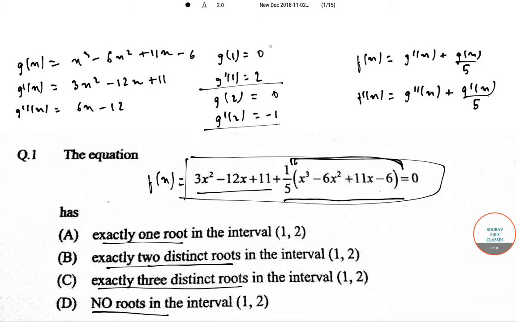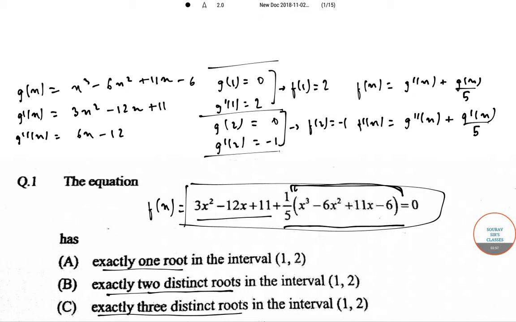So using these we get f(1) = 2, and using this equation we get f(2) = −1.